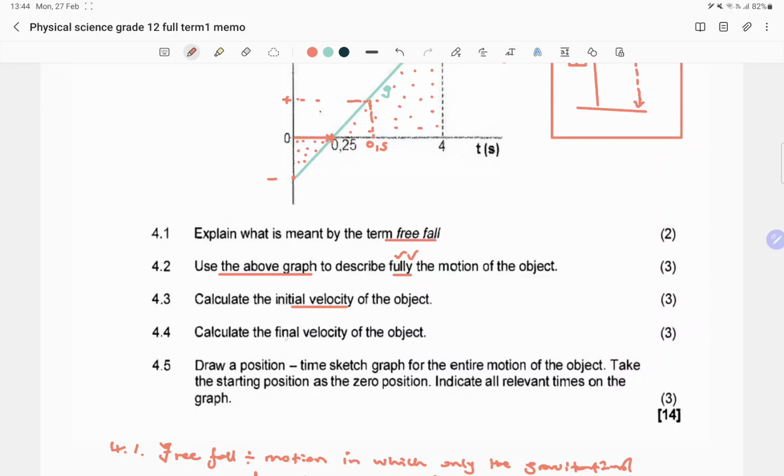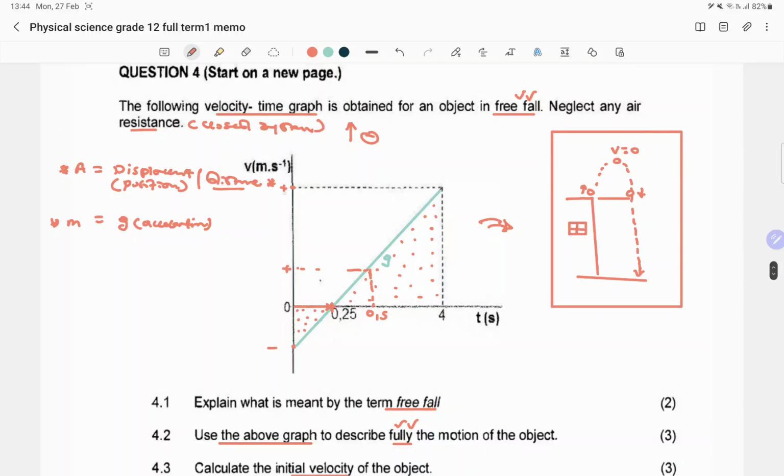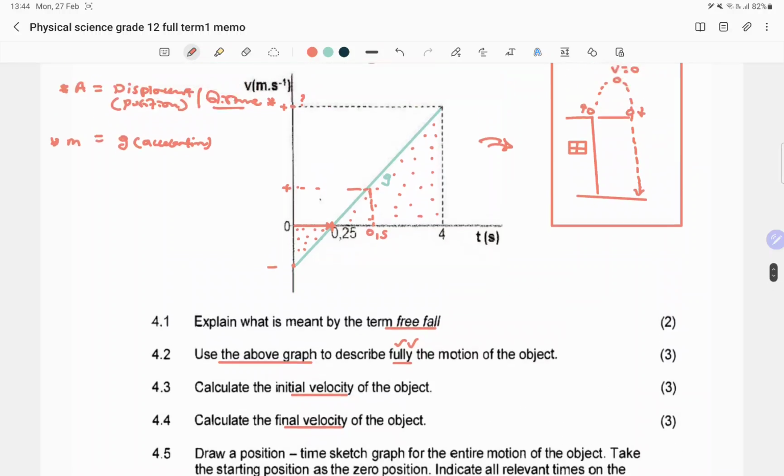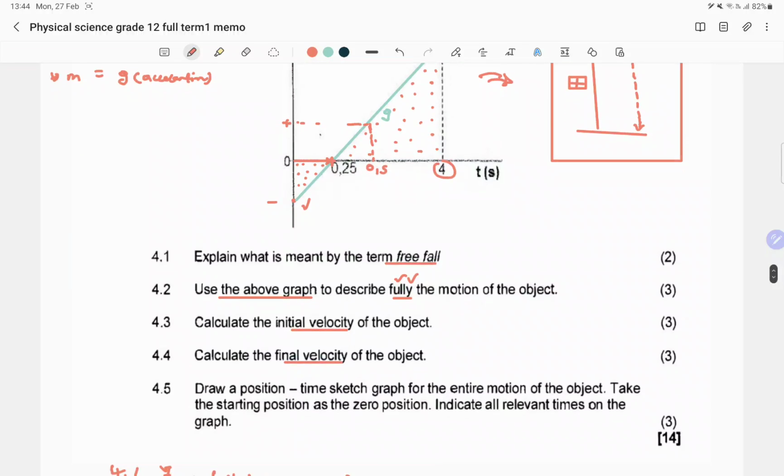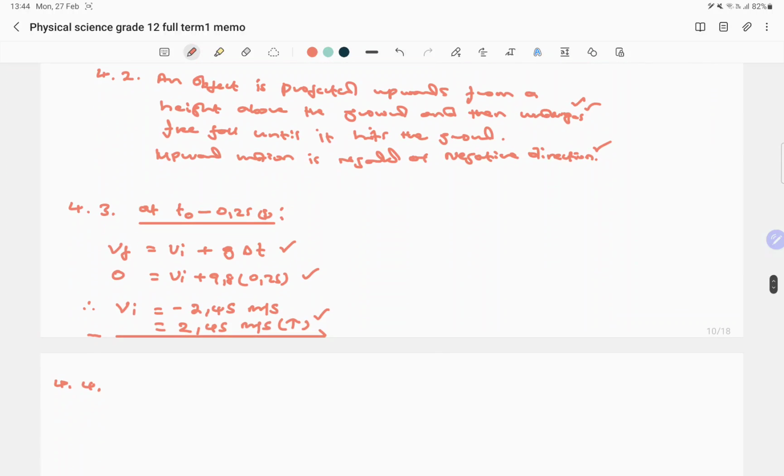Now calculate the final velocity of the object. So we really want the velocity here. So we want to know what that is, which is more likely the velocity with which it hits the ground. Again, we know the gradient is still g. We know the time is 4 seconds. Now we know the initial velocity. Unfortunately, we just have to use that at this point.